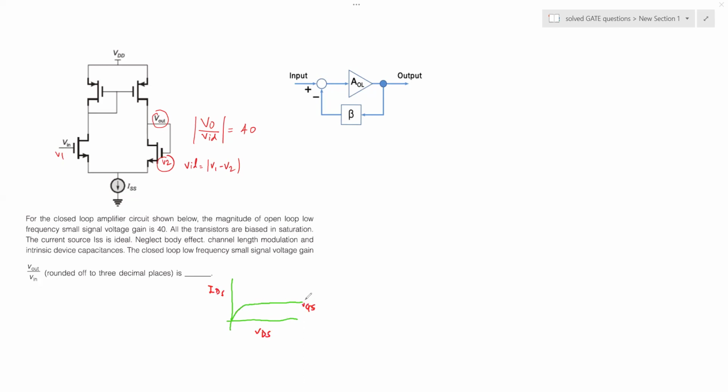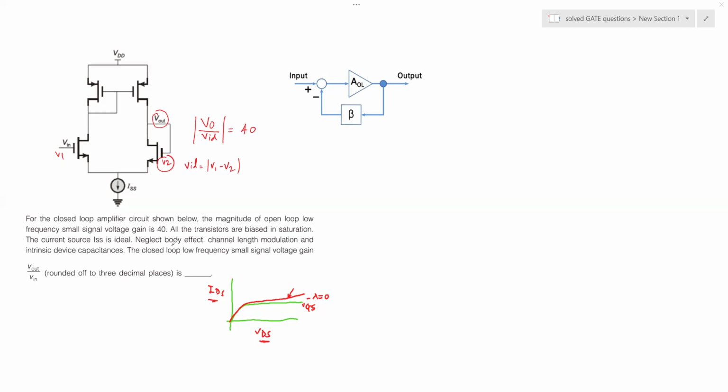So this is the case when lambda is equal to 0. However, in practical devices, your current ID is not constant with respect to VDS, rather it is increasing with respect to VDS. So the slope of this is your output conductance, okay, and that gives you channel length modulation, because the current of the MOSFET is increasing with the increase of the VDS, okay.